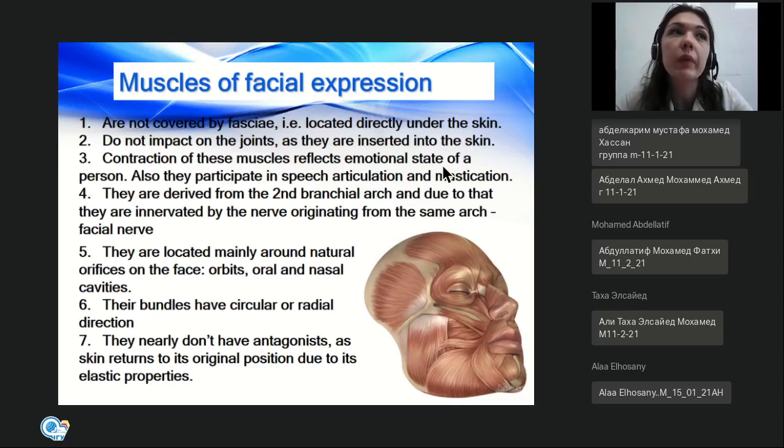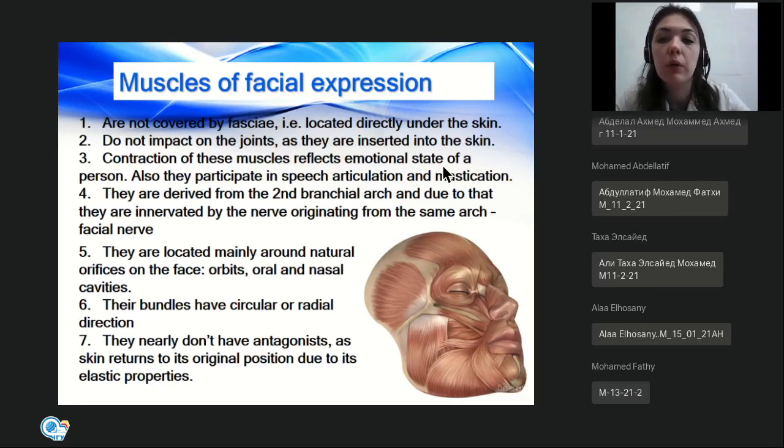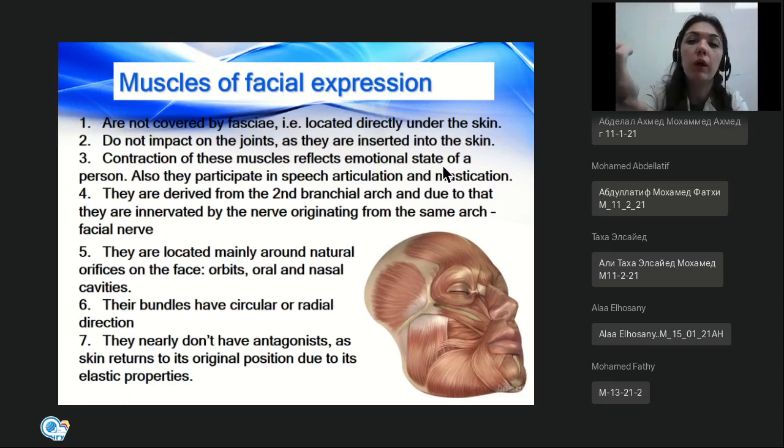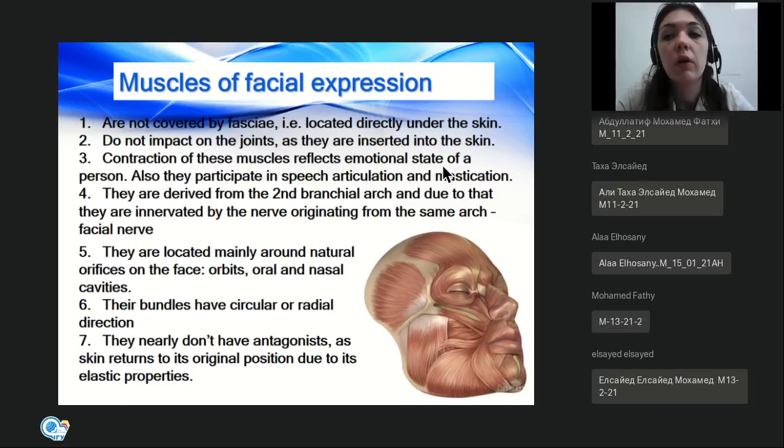In skeletal muscles, we know that there are agonists and antagonists. Yes, you were talking about it at the previous lecture. The agonists are muscles which perform the same function, like in the forearm. I don't know, maybe you have already studied it. There are many flexor muscles in the forearm in the anterior group, and all of them are agonists with each other.